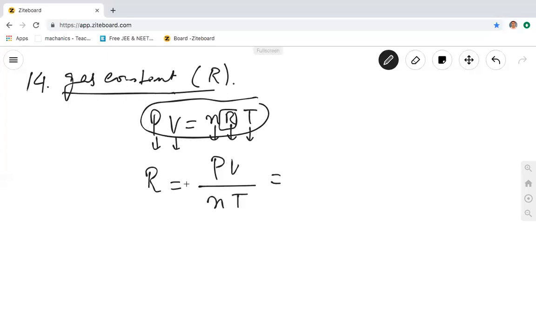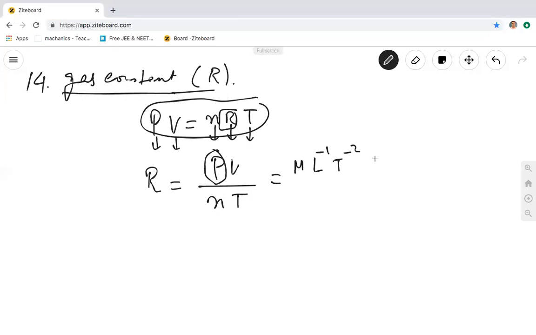Yes, sir. So what dimensional formula do you have for pressure? If I remember it now, it is M L minus 1 T minus 2. We just derived it. You can just refer to that.